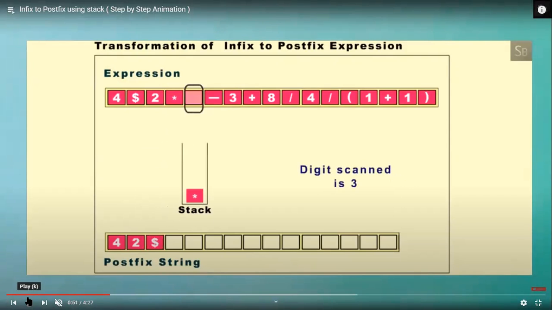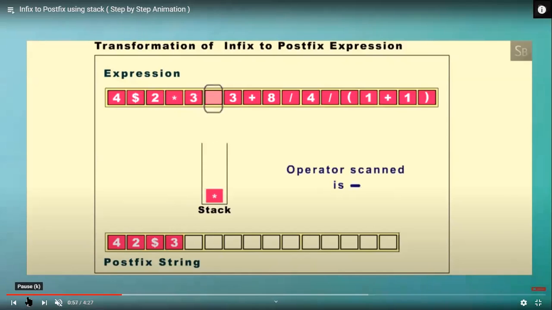The next digit that we scan is 3. 3 is a constant, so it will be placed in the postfix string. The next operator is minus, and we compare minus and star. Star has higher priority, so it will be placed in the postfix string, and minus will be pushed to the stack.